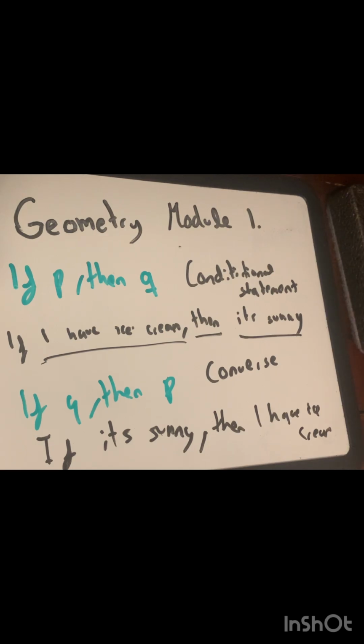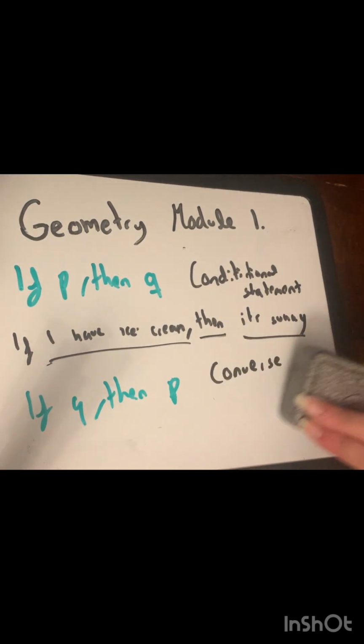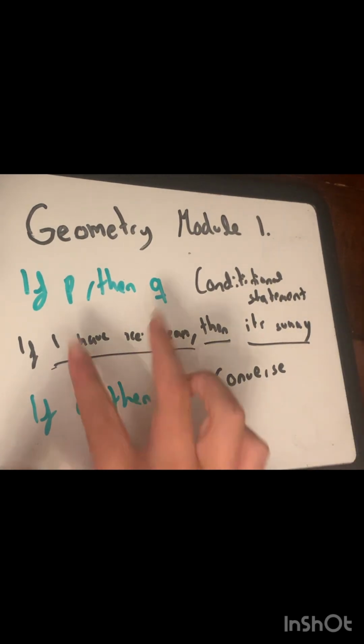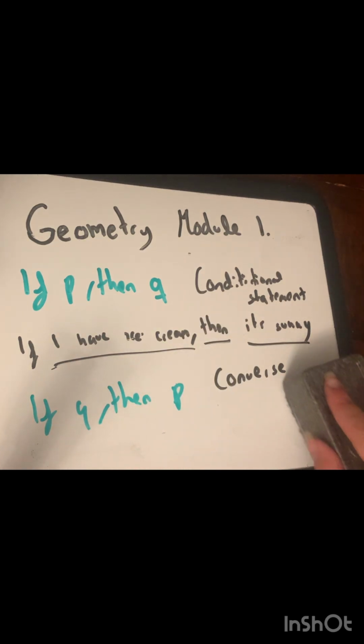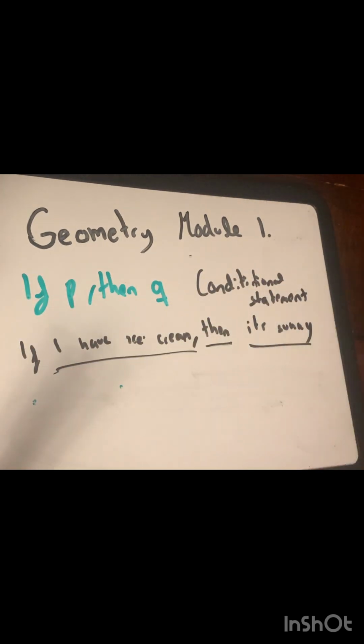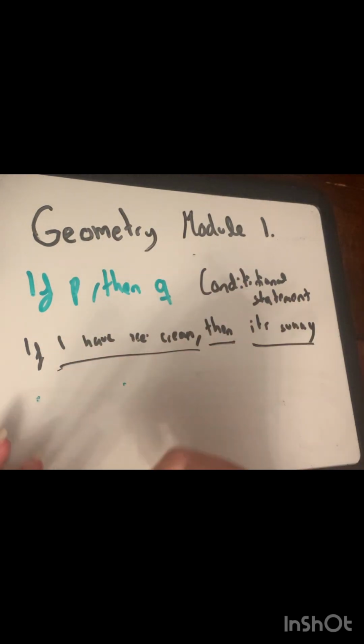Okay? But now there's an inverse. What do you guys think the inverse is? Okay, so converse is just a switch. But now we're going to do inverse. The inverse is the same thing, if P then Q, but since it's inverse, it's negative.